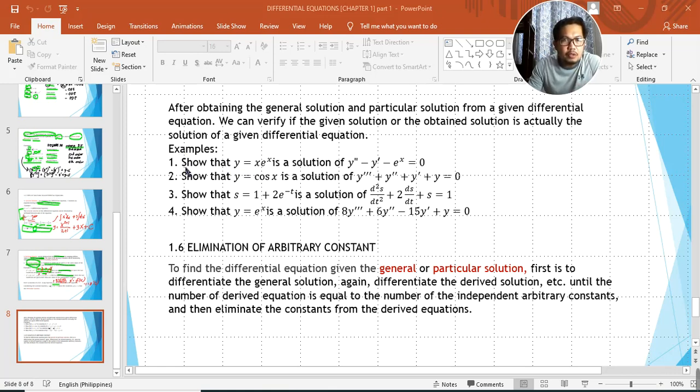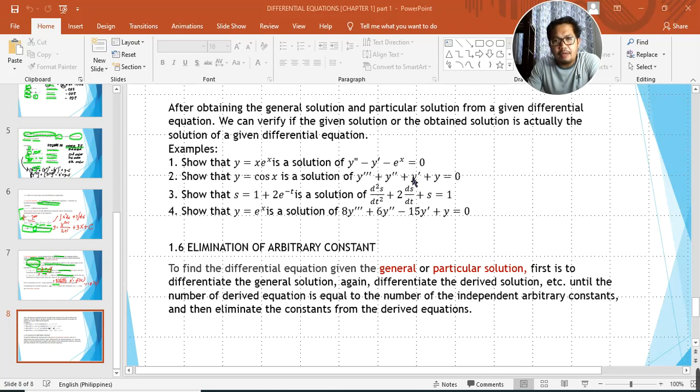This example shows that this given solution, y is equal to x e raised to x, is a solution of this differential equation, or simply the second derivative of y with respect to x minus first derivative of y with respect to x minus e raised to x is equals to 0. So itong apat na to, we will verify or we will prove that this solution is a solution of this differential equation.